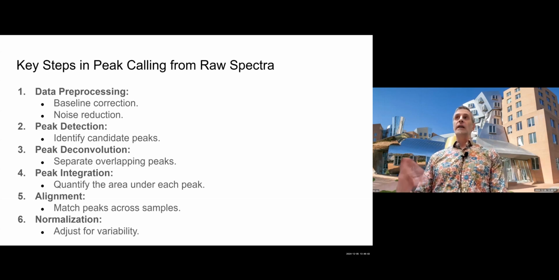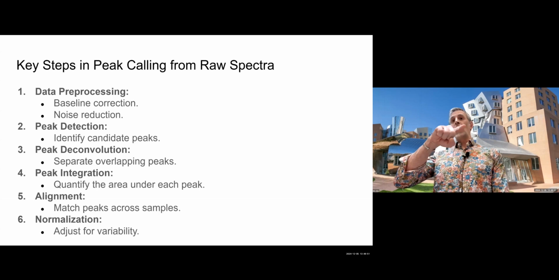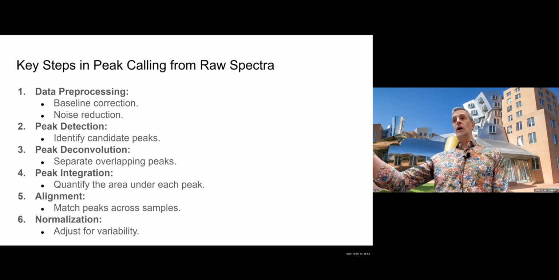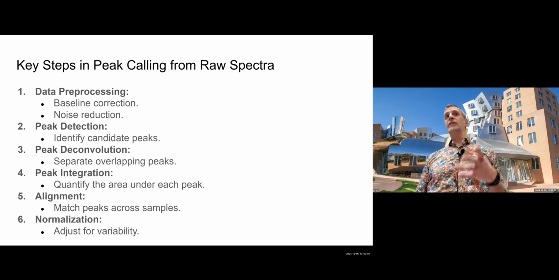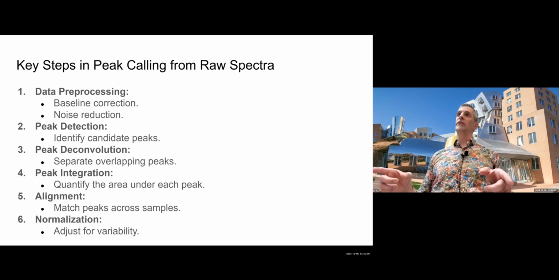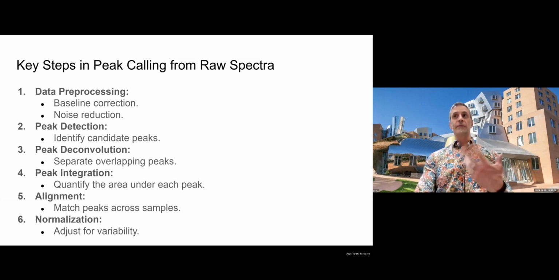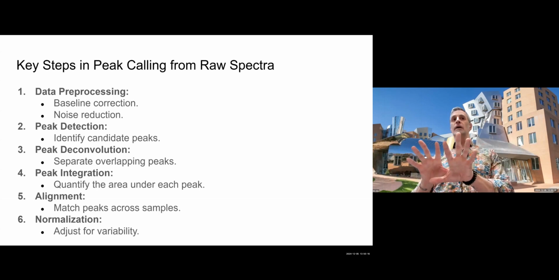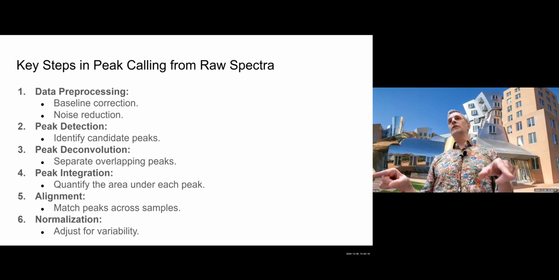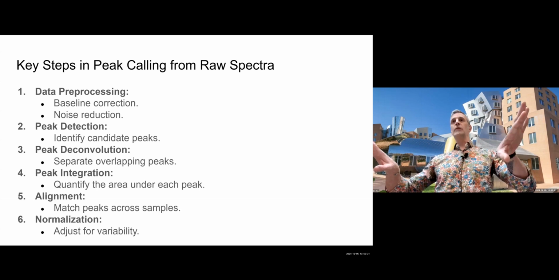Then we have to look at the raw data and identify what a peak is, right? And that peak, remember, we're watching things as they come through in a time series through our chromatography column. And so it can kind of be confusing if it's noisy: is this one peak or is it two peaks that are sort of on top of each other? And if it's two peaks on top of each other, then we have to figure out how to estimate what those peaks would look like if they were separated, right?